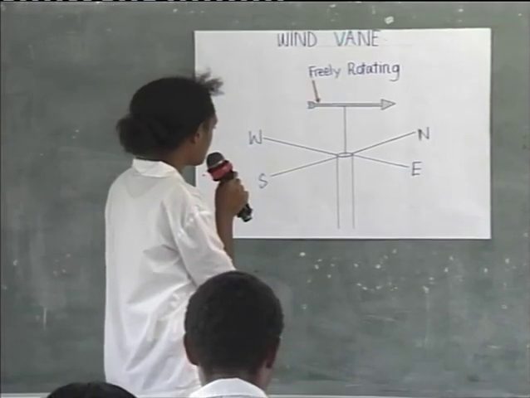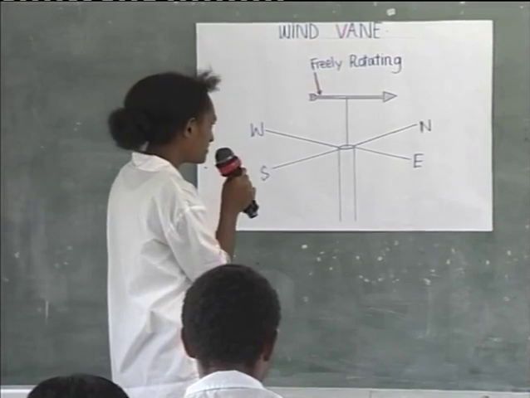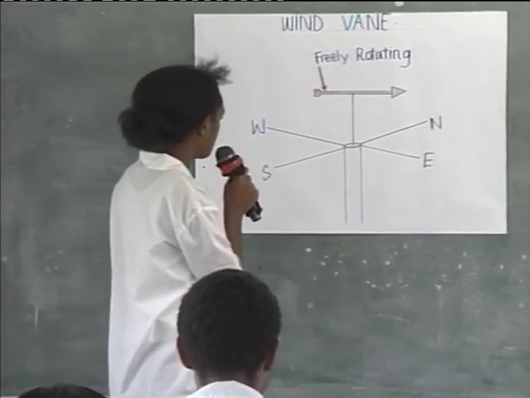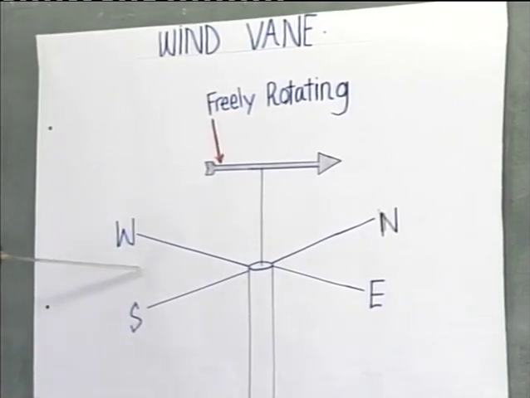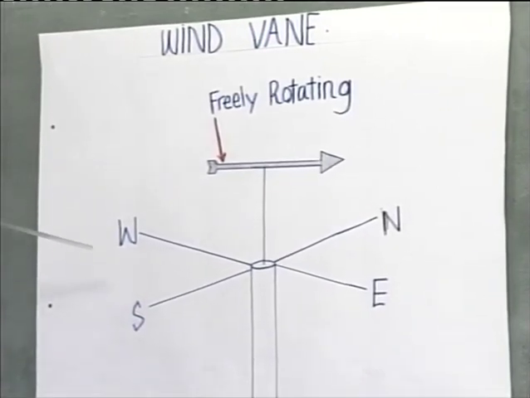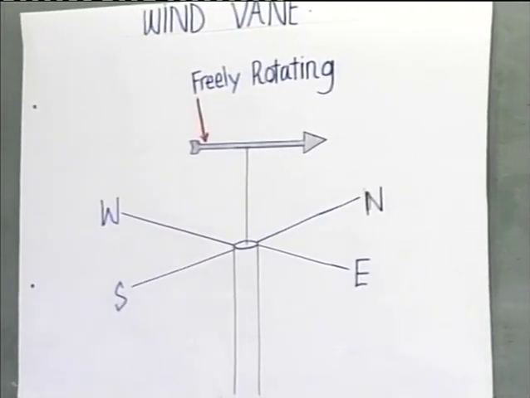From the points, maybe you could use the 16 compass points, like maybe the wind stops somewhere here. You could just say that it's maybe southwest, something like that.